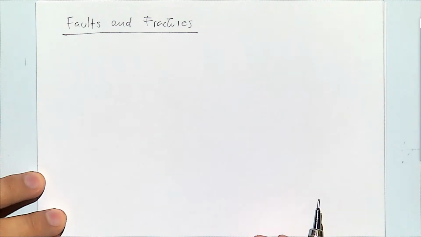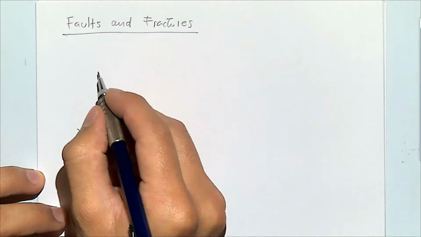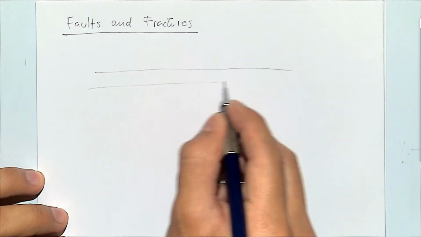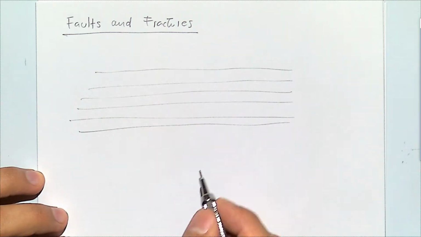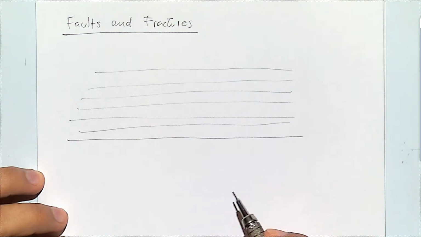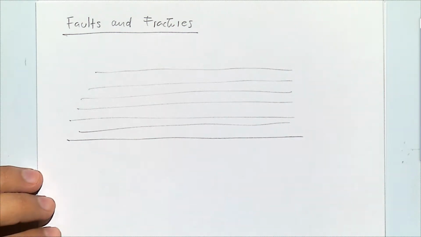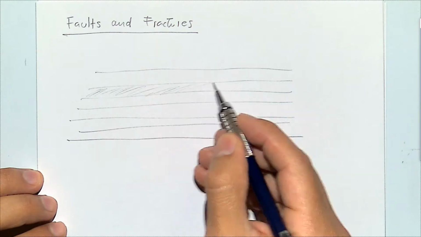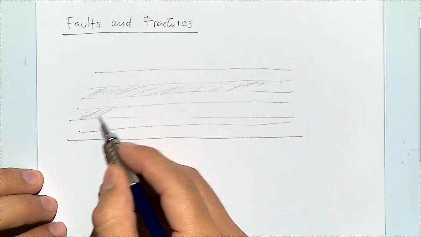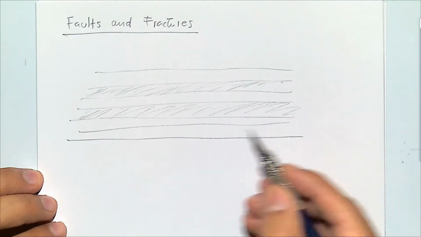But what is a fault? A fault is just shear failure. And we have seen what shear failure is. You have done the test. We have characterized that. And with this example, hopefully you will remember that a fault is just an event of shear failure.